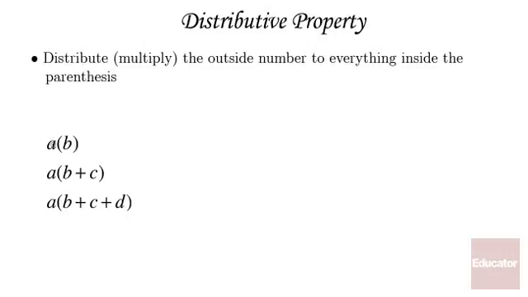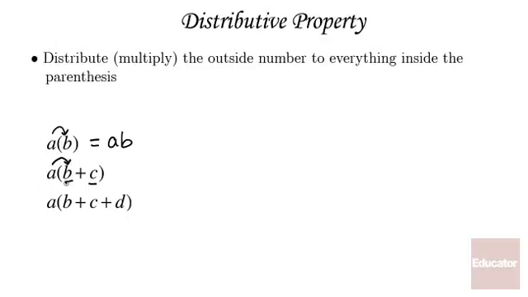So if I have A, the outside number is A, I'm going to multiply it to the inside number of B. So this is just going to become A times B, which is AB. Here I have two numbers inside the parentheses. So you're going to take this outside number, multiply it to both numbers.